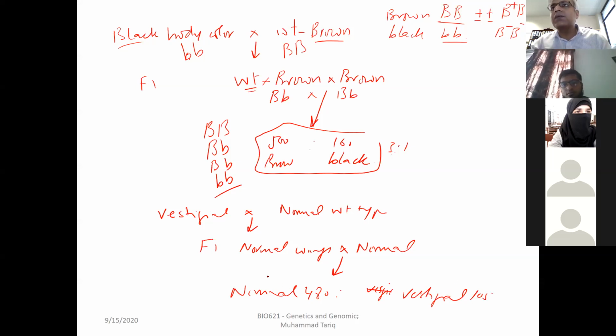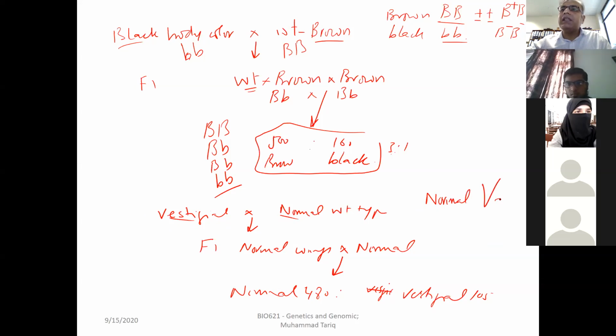Again like near 3:1. This shows you vestigial is dominant. Sir, Taha? Vestigial is recessive. Yes, vestigial is recessive.